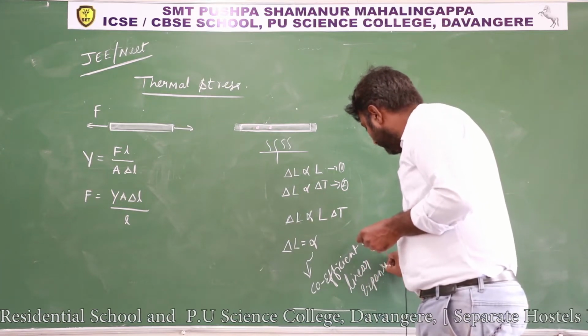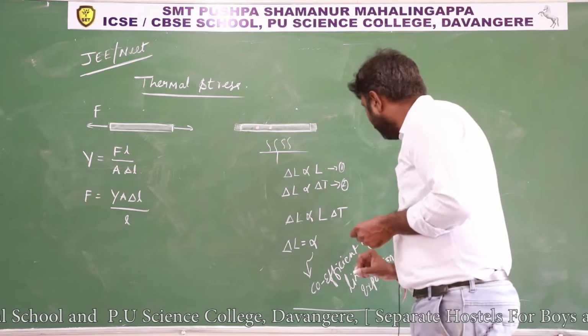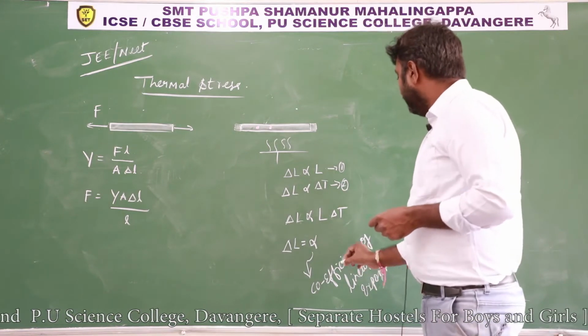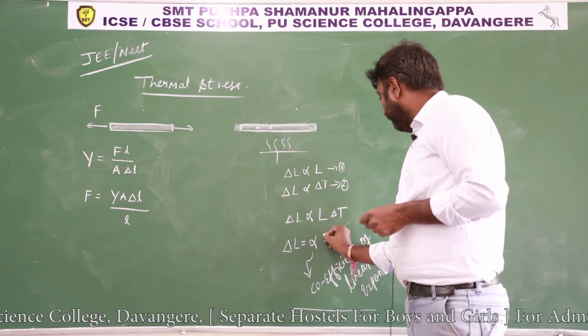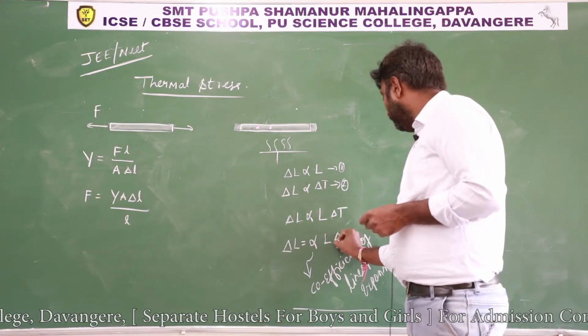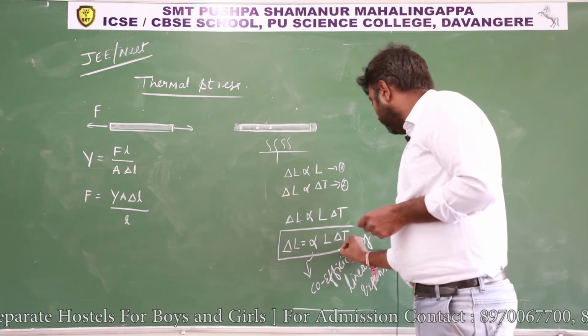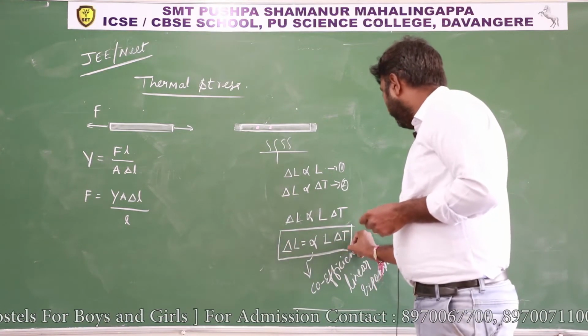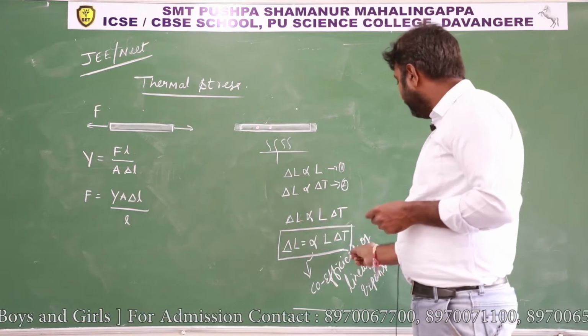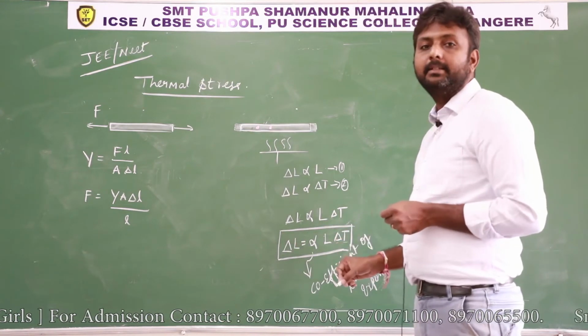Then delta L equals alpha L into delta T. So this is the formula for the change in length due to change in temperature.